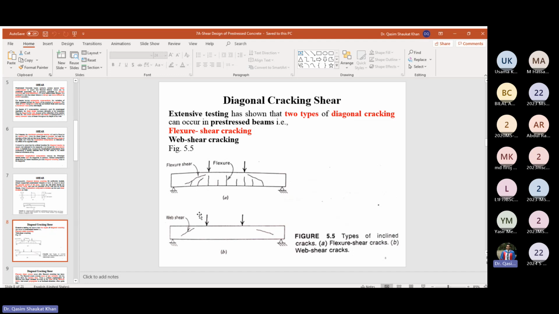Shear design is based on flexure shear cracks and web shear cracks. The web shear crack is purely based on shear stresses. The flexure shear crack initially originates perpendicular and then becomes inclined.